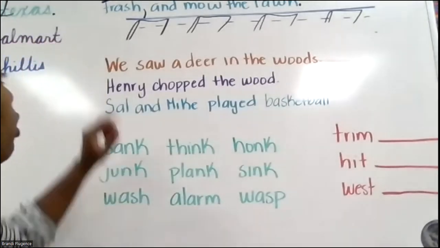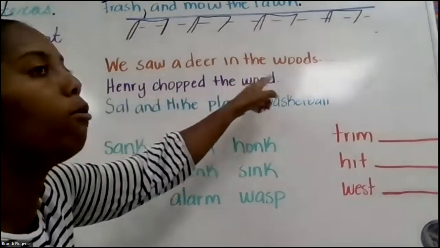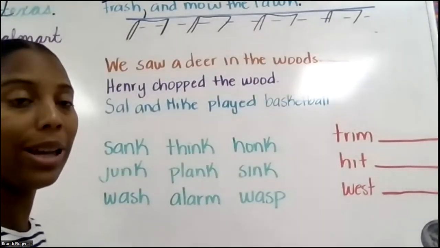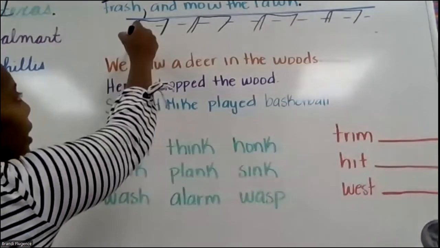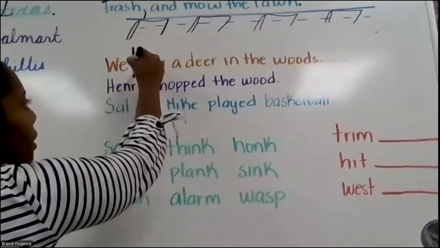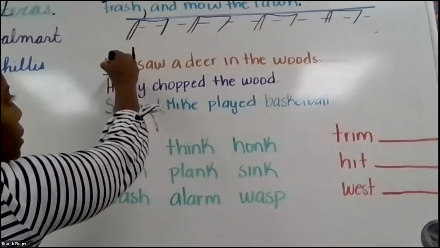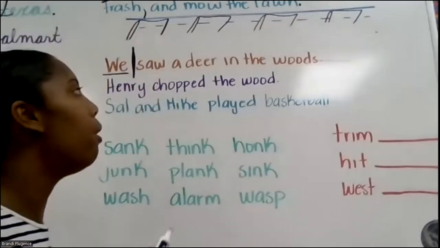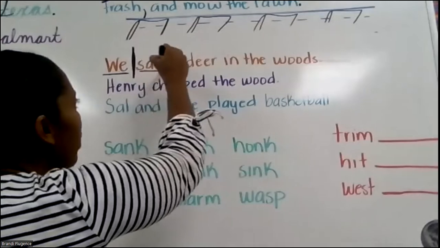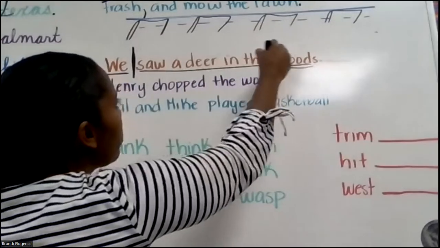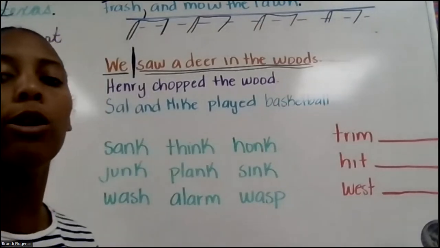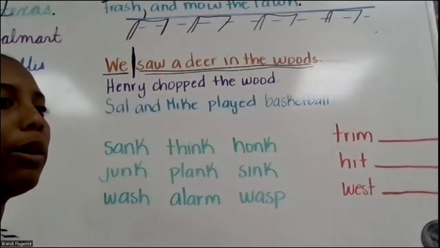We saw a deer in the woods. Who is the sentence about? We. So you would divide between we and saw. The subject, which we underline one time, is we, because that's who it's about. And what about us? Predicate, saw a deer. Underline that two times. Your subject is who it's about. Your predicate is what is going on.